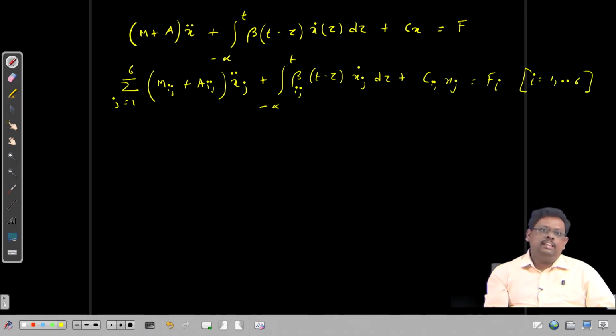This is the complete equation of motion using impulse response function.